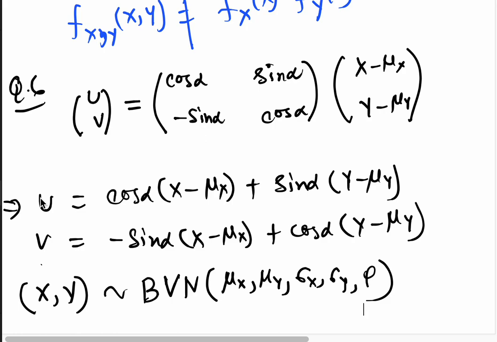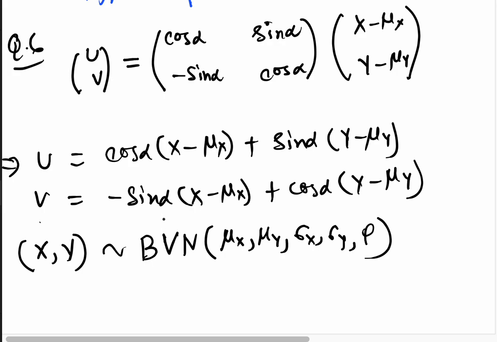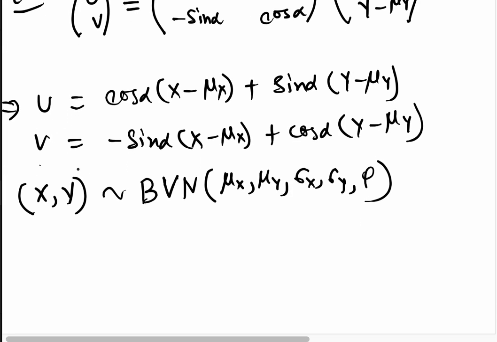So the independence condition of u and v is that if the correlation coefficient is 0, or the covariance is 0, then we can say that u and v are independent. Now let's calculate that condition.